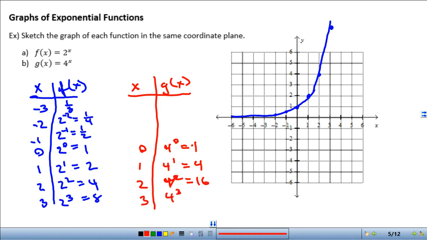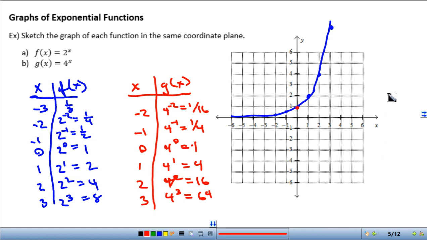At 3, 4 to the third, 64. At -1, I have 4 to the -1 power, so that's already at 1/4. -2, 4 to the -2 power, 1/16. So for this one, 4 to the 0 is 1. They both have the same point here.